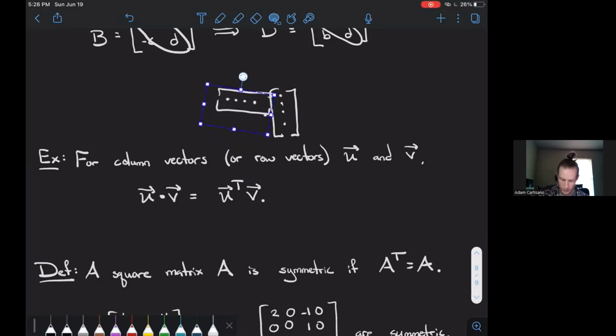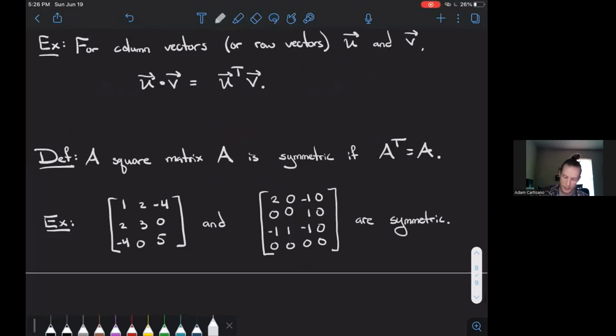I wish I could flip it, but whatever, transpose it. And then do matrix multiplication in order to do the dot product of these two vectors. If they're both column vectors, you transpose one of them into a row vector, and then do matrix multiplication of a row matrix and a column matrix. It's an alternative way of thinking about the dot product.